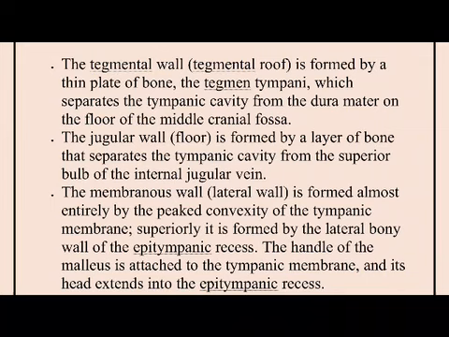Now you must also note the labyrinthine wall, which is the medial wall that separates the tympanic cavity from the internal ear. The labyrinthine wall also features the promontory, which is formed by the initial part of the cochlea, that's the basal turn of the cochlea, and it's also formed by the oval and round windows.